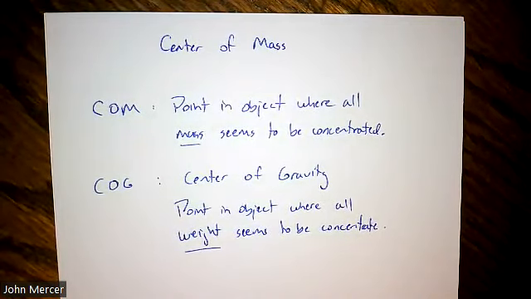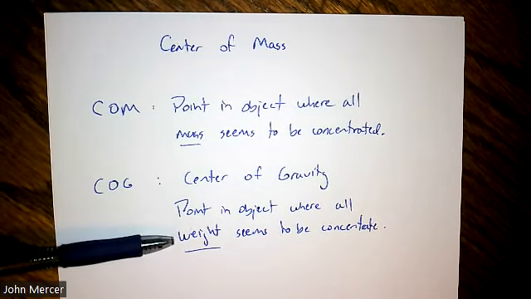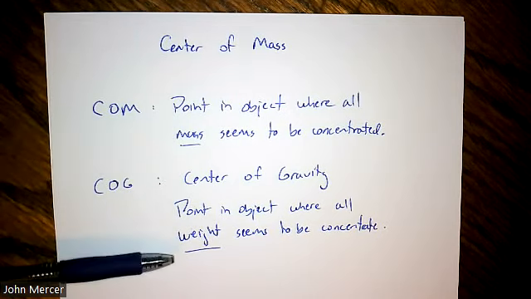Weight is a force, it's a vector. Sometimes you may actually see a textbook or a reference saying center of gravity is with regard to the vertical direction only, and that's just not correct. Center of mass and center of gravity, in essence, mean the same thing, other than this word right here.